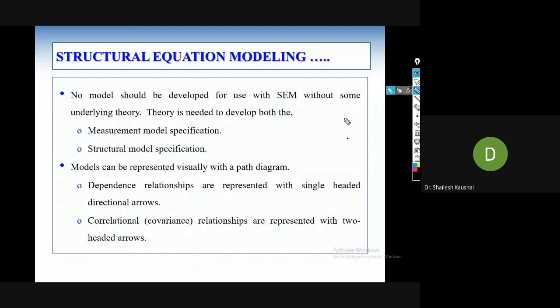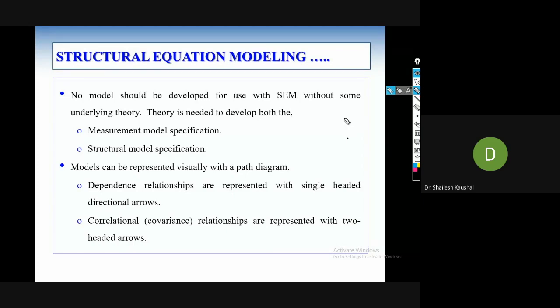We perform the measurement model first, and then the structural model. In the first step, we find the validity of the measurement model and then the validity of the structural model. Without theory, we should not apply structural equation modeling.